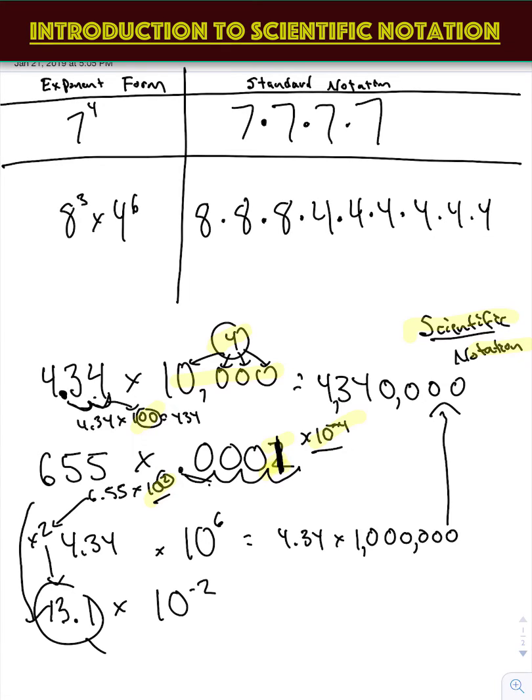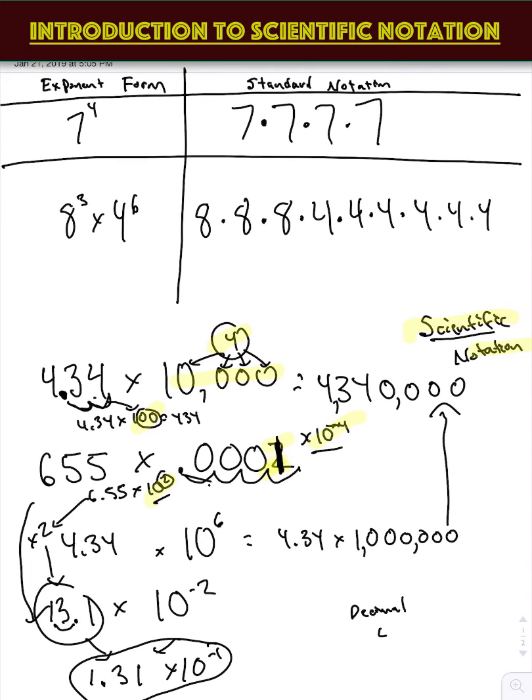Notice now that I actually need to simplify this one further because I doubled it. Instead of it being 13.1, I'm going to move my decimal 1 to the left. So I'm going to actually increase the 10 to the negative 2 to 10 to the negative 1. Remember, anytime you move the decimal to the left involves increasing the 10 power.